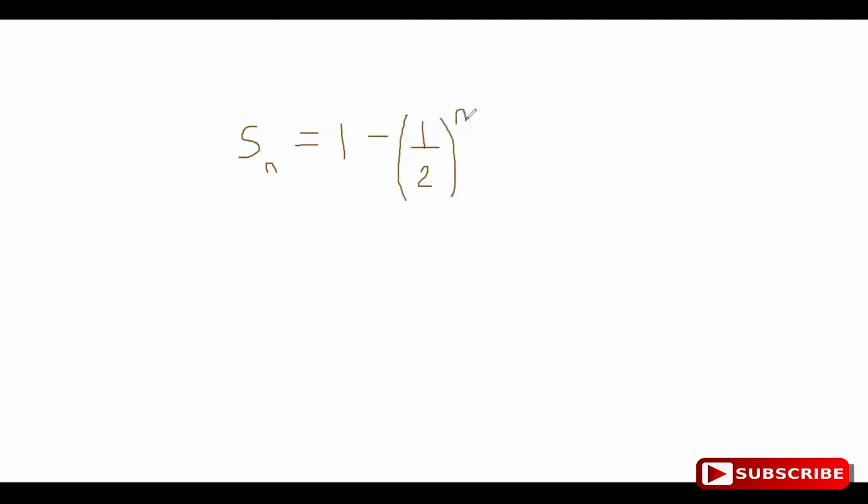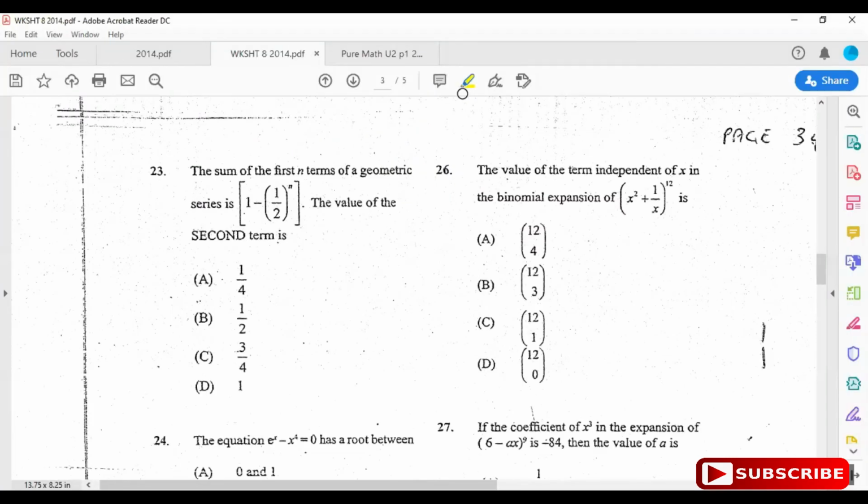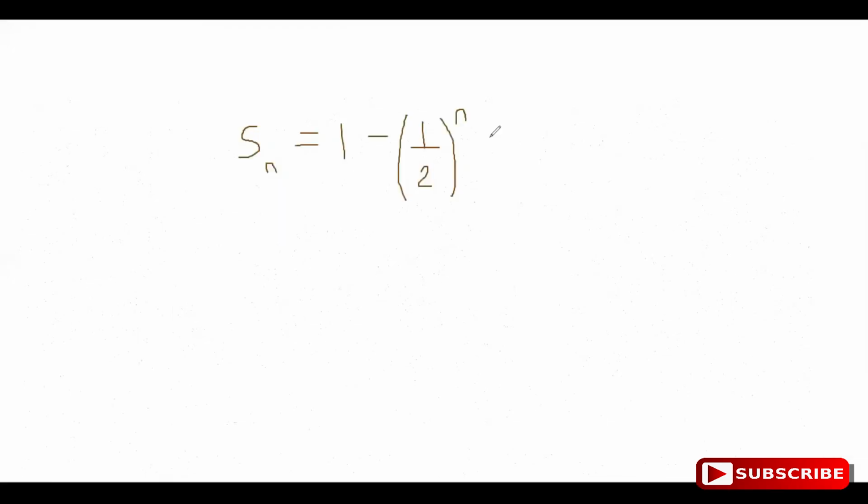So that's Sn. Now let's look at what else they told us. They want the value of the second term. First and foremost, Sn is the sum of n terms. So S2 is the first term plus the second term, A1 plus A2.